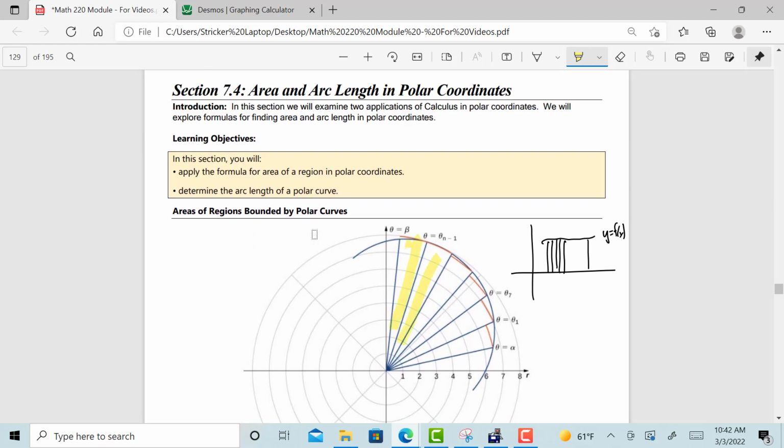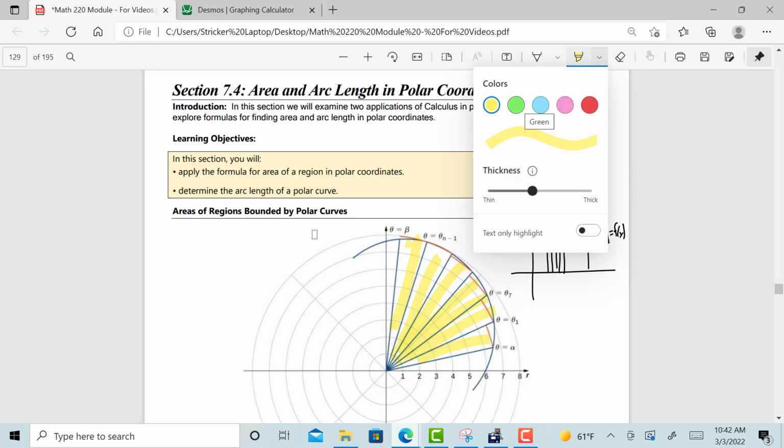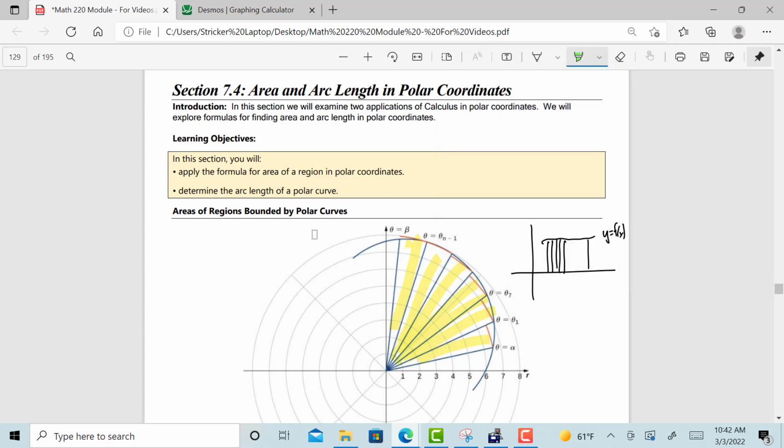The important thing to remember is that as we accumulate that area, we always start with the smallest angle and move to the biggest angle. So if theta equals alpha right here, and theta equals beta right here, we're going to accumulate area in the counterclockwise direction. It's just going to fan out like this and pick up all this area as we move in the counterclockwise direction.